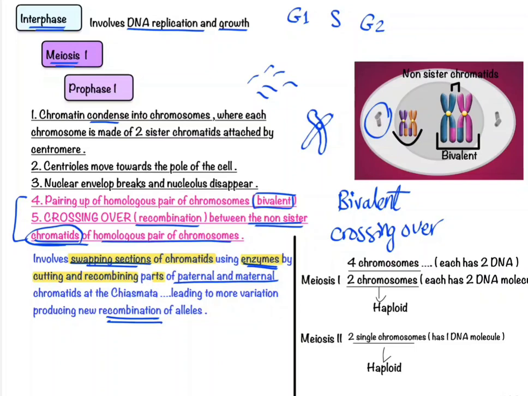Then crossing over occurs, which involves swapping sections of chromatids using enzymes, by cutting and recombining parts of the paternal and maternal chromatids at the chiasmata. And this of course causes variation and produces new recombinations of alleles, okay?